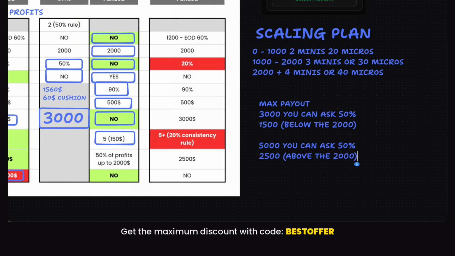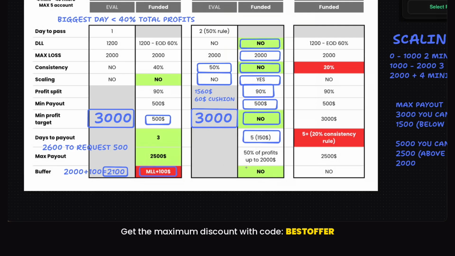So you will be capped at $2,000, right? You will request $2,000, all right? And I think that's great because you do not have any kind of safety net, any kind of buffer. The only rule is that from your last payout, you need to have at least $1 in profit.